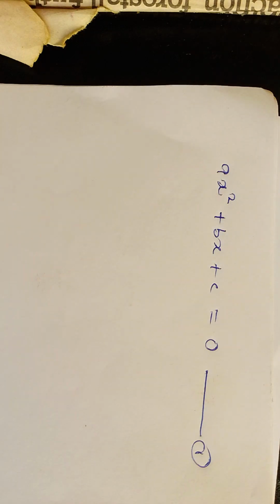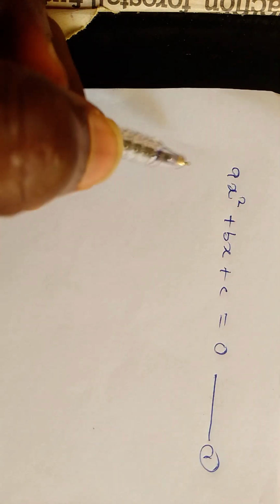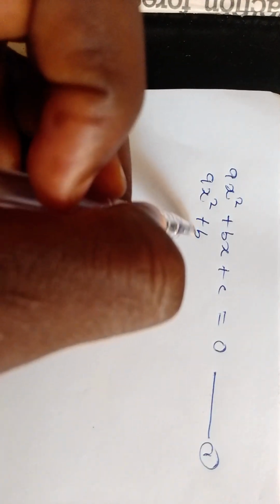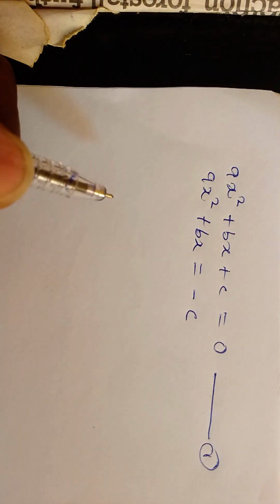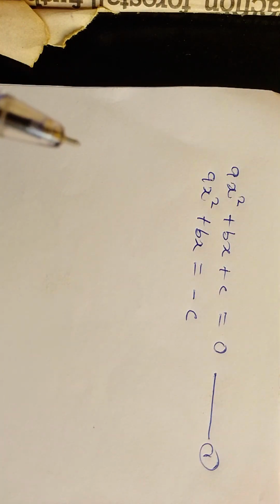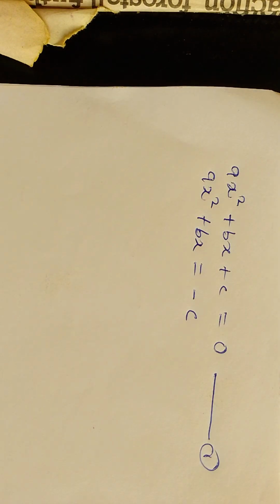Okay, now the first thing I'm going to do here is that note that we want to make x the subject of the formula. So how do we go about that? Look at it. We have ax squared plus bx equals negative c. According to the completing the square method, we can only complete the square when we are having x squared and the second term is a constant.